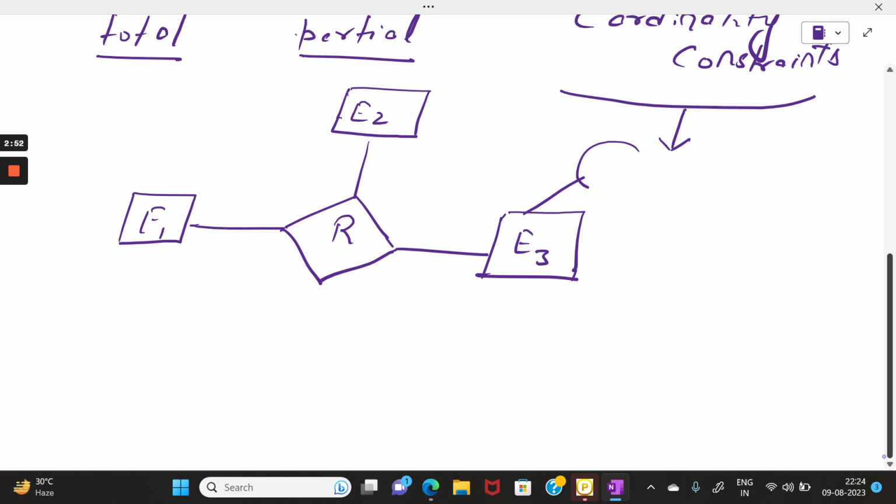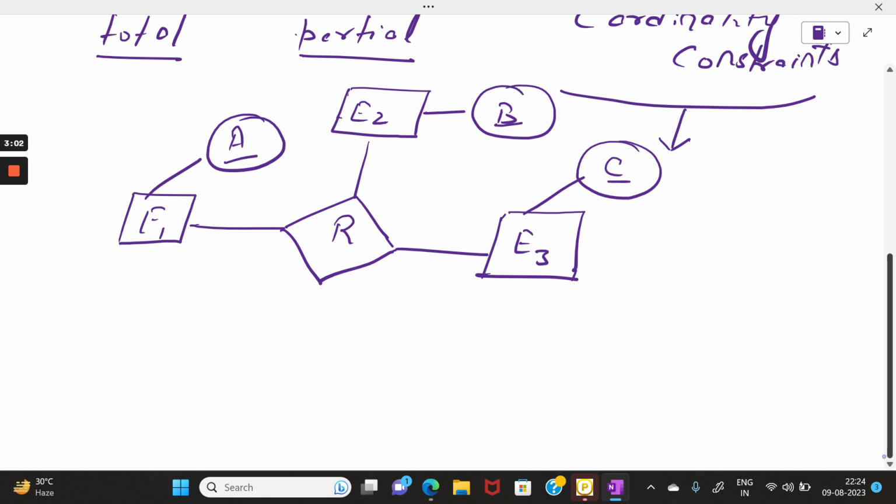For E3 we have the candidate key C, for E2 we have B as the candidate key, and for E1 we have A as the candidate key. Now, this R is a one-to-one mapping for all. It means that one entity of E1 is related to one entity of E2, and so also for E3.